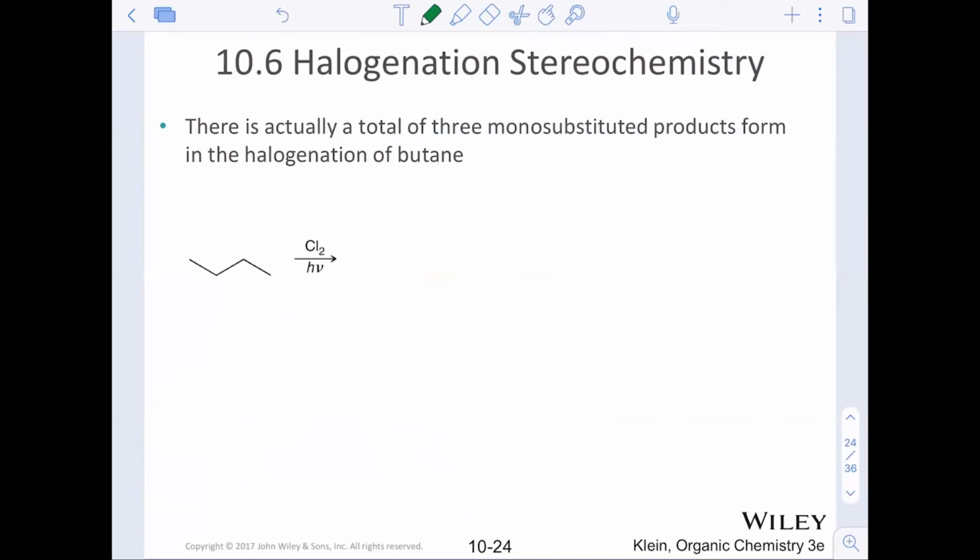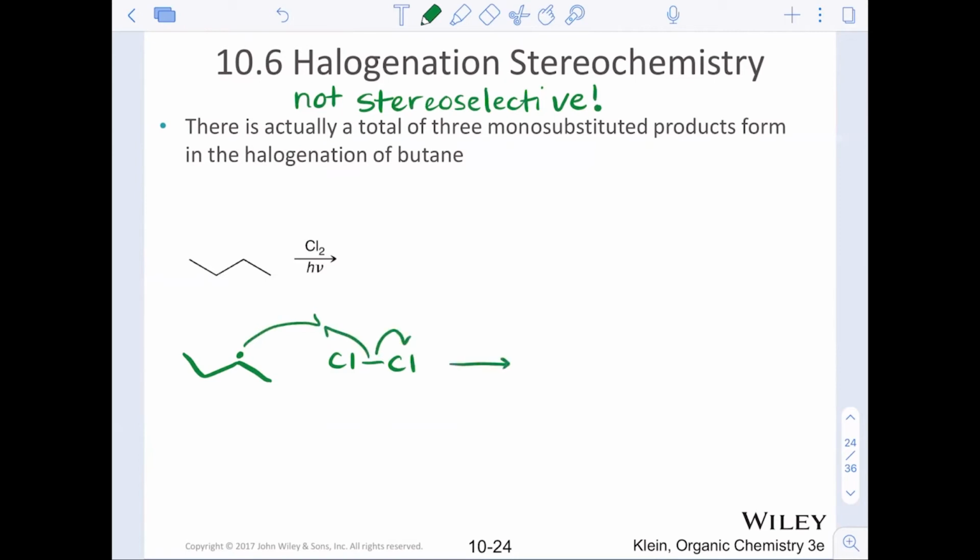All right, just a slight nod to stereochemistry. These reactions, whether it is halogenation with a chlorine or with a bromine, are not stereoselective, which means that when we have that carbon radical, let's just draw that halogen abstraction step. If we want to think about how that chlorine is being attached, I just chose the most substituted to start off.